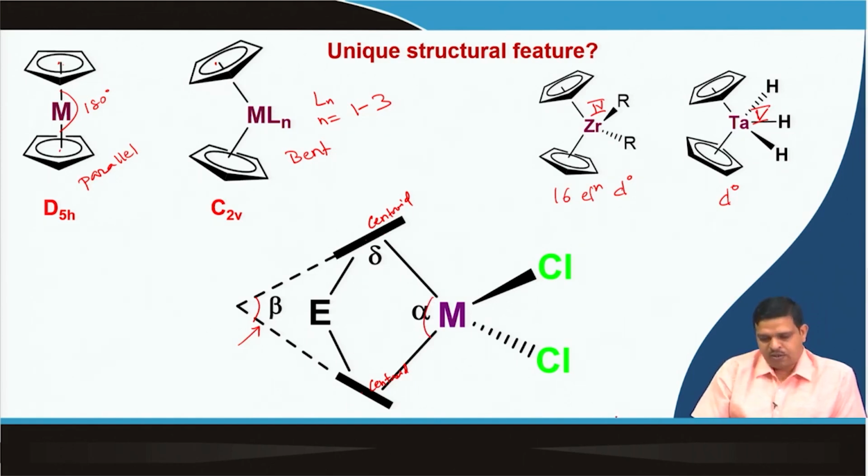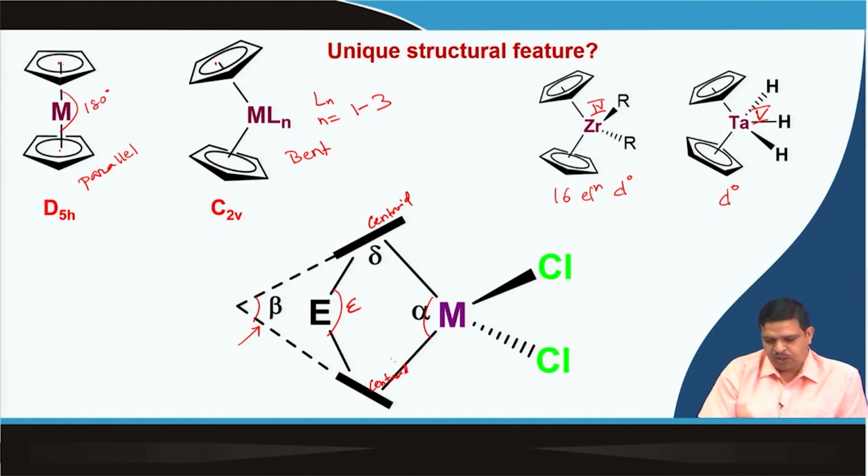This also clearly quantifies how much bent it is. And one more important structural parameter is the bridging atom. It is easier if there is a single atom. Sometimes the bridge consists of multiple atoms. So, here the centroid, the bridging atom and the centroid is also an important structural parameter.